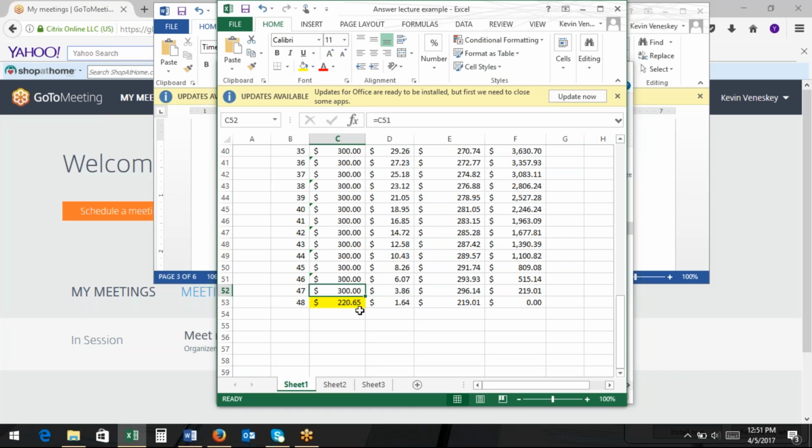If I would have paid $300, it would have been too much. They would have owed me money. So whenever you have your final payment come due, you always tweak it so your final balance is 0. So in that final month, only $1.64 went to interest. The rest went to the loan. So a total of $220.65 is all that I owed in that final 48th month.